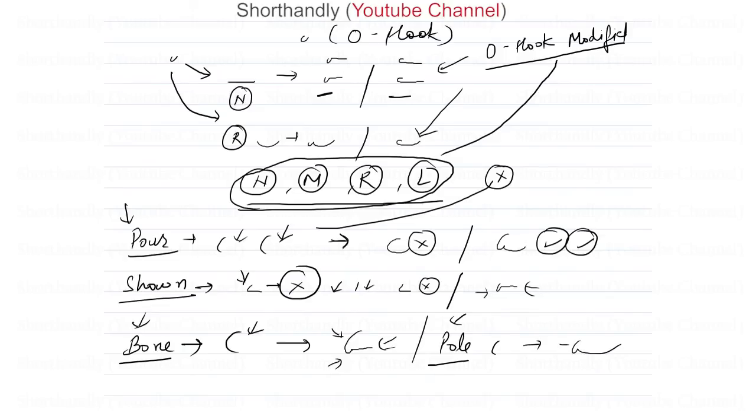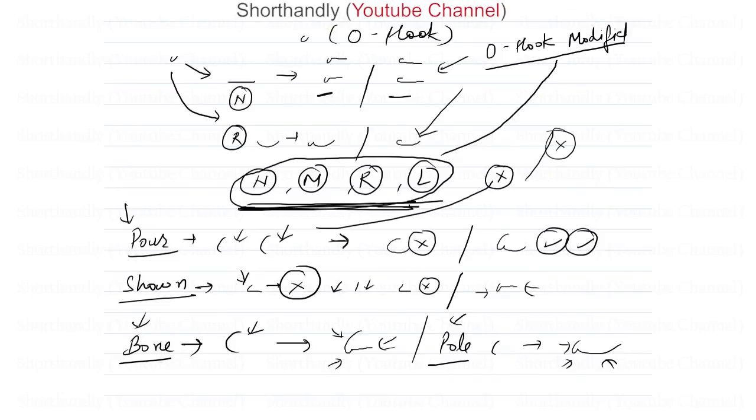This is our P, then O hook, then L. So you have to keep these things in your mind: first, it can be used only with these four characters, and second, if any downward stroke or a curve comes before the O hook, then we cannot use this O hook method. Then we have to use the usual way of attaching the O hook.